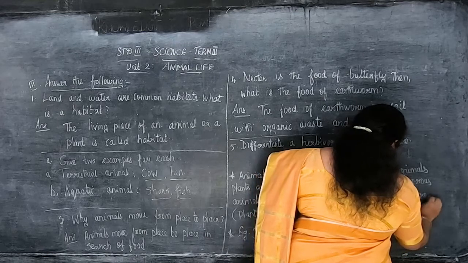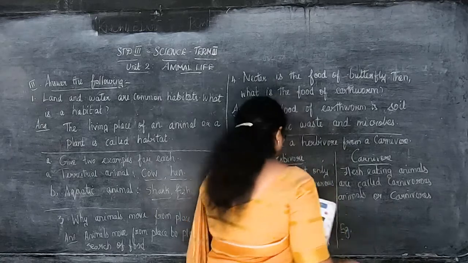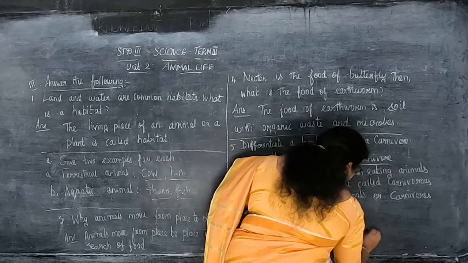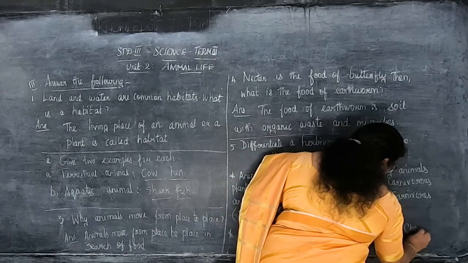Okay. And for this, what is the example? Tiger, lion, cheetah. You can give these three examples.